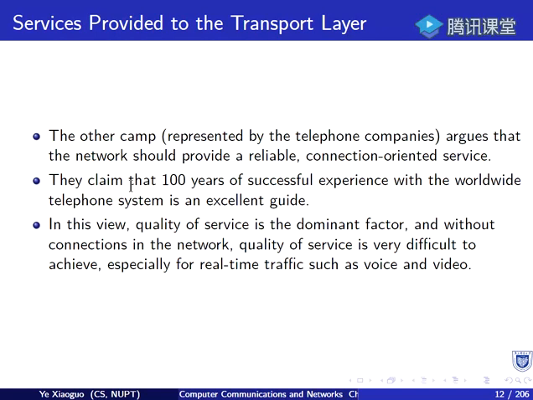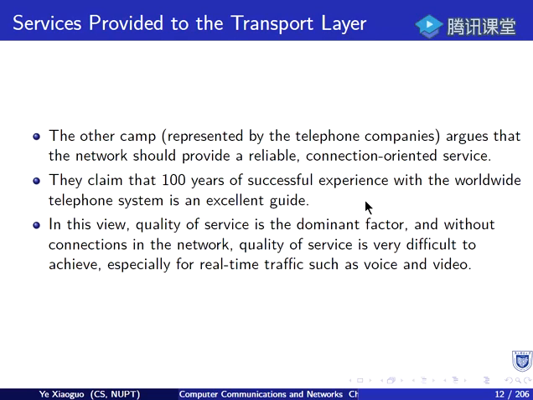The other camp, represented by the telephone company, argues that the network should provide a reliable connection-oriented service. So they have fully different viewpoints. They claim that 100 years of successful experience with the worldwide telephone system is an excellent guide.